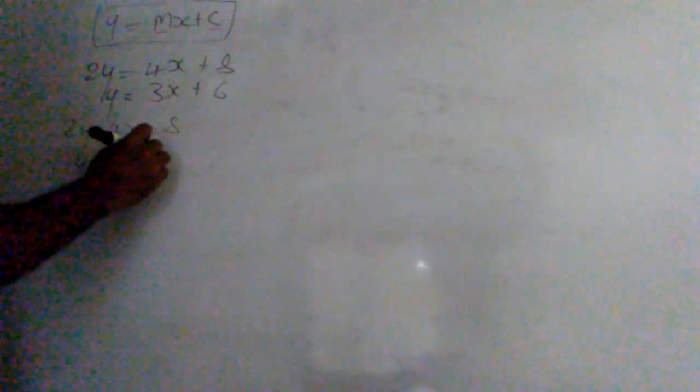So for equation 1, I will have 2y minus 4x equal 8. And for equation 2, I'll have y minus 3x equal 6. For coordinates or in a matrix, we need to use the x value first.